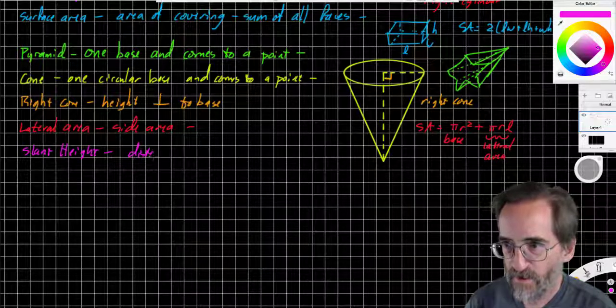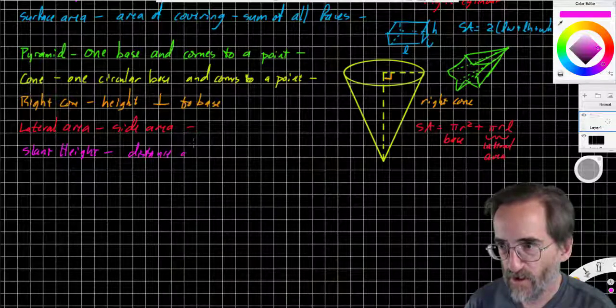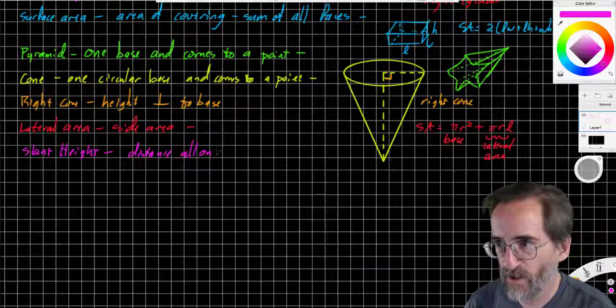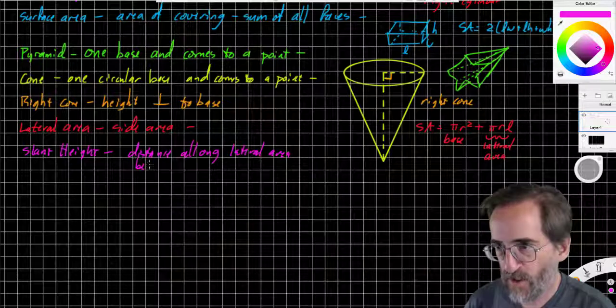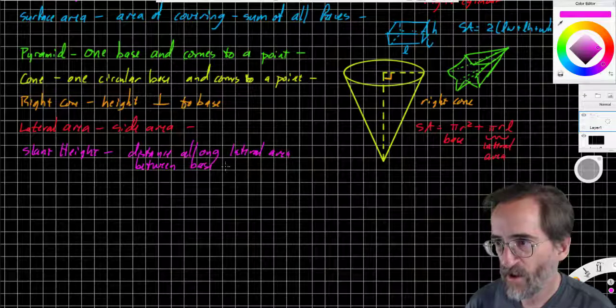Distance along the side, along the lateral area, between base and vertex.